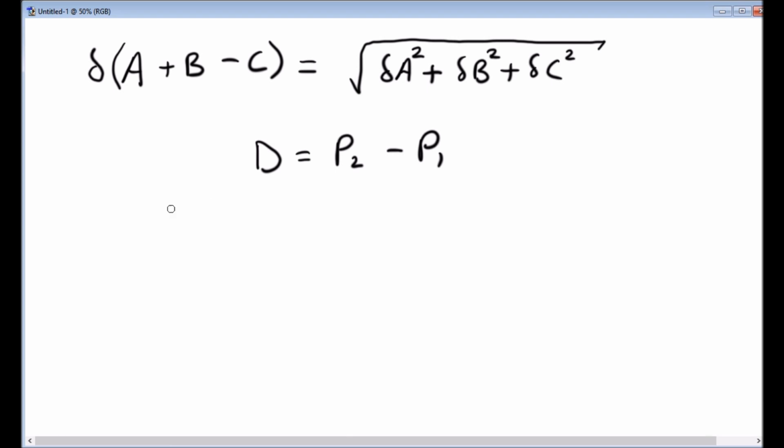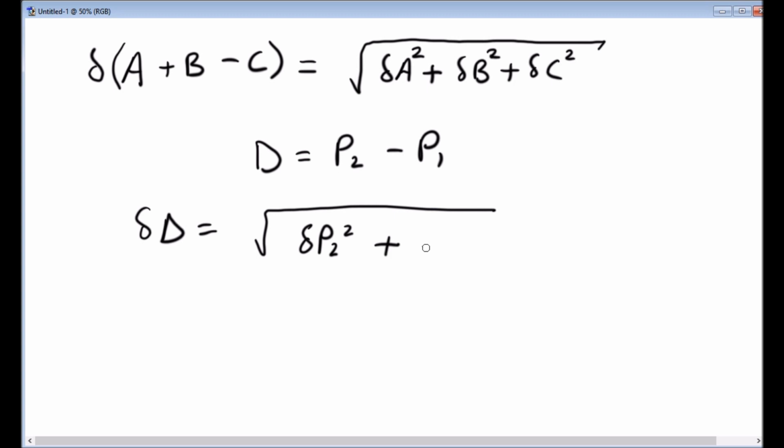So using the rule above, the uncertainty of d would be equal to the square root of the absolute uncertainty of P2 squared plus the absolute uncertainty of P1 squared. And notice that it doesn't matter whether you're adding or subtracting these values, you're always going to add the absolute uncertainties. Again, it's Pythagoras' theorem. You're trying to find the absolute magnitude of a vector.